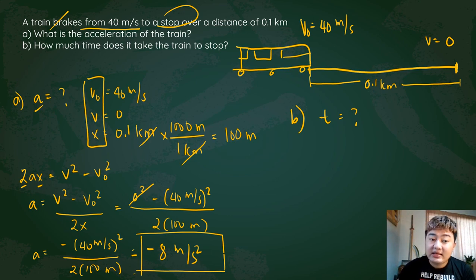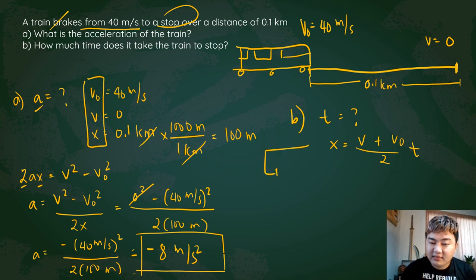So let's see. You have x is equal to v plus v0 over 2 times time. So that's the equation that we can use to solve for time. Now, since we just need to solve for time, then we need to derive an equation for time out of this equation. So deriving an equation for that, you will have time is equal to 2x over v plus v0.